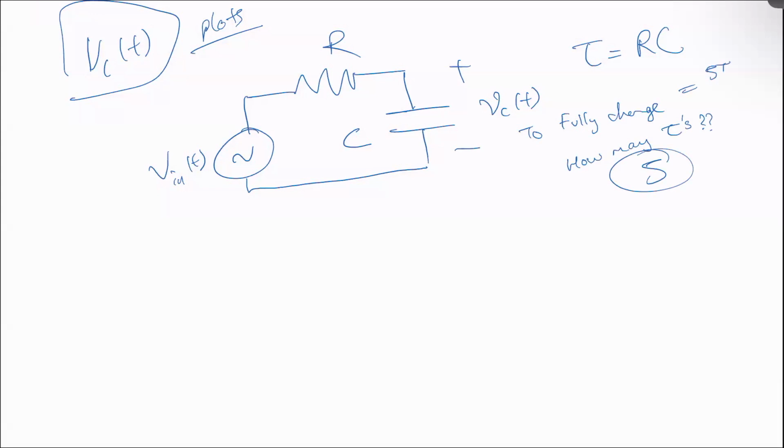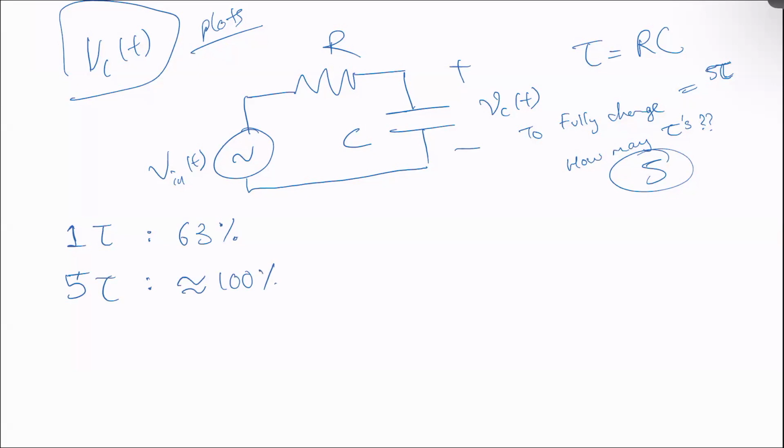So it takes 5 time constants for the capacitor to fully charge. We assume that in one time constant, your capacitor reaches 63% of its fully charged capacity, and in 5 time constants, it is at almost 100%.